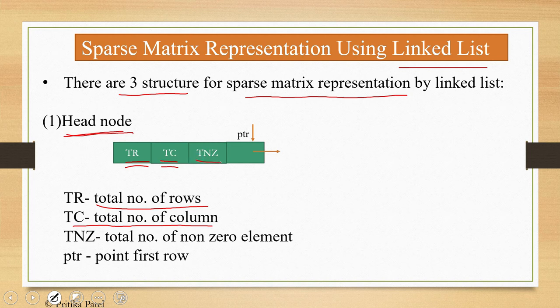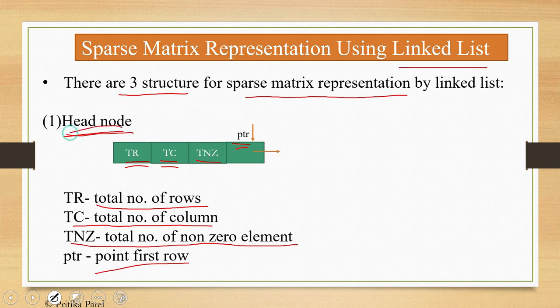Then T and Z, the total number of non-zero elements. And next is the pointer to the first row. So this is the structure for sparse matrix representation using a linked list in the head node.